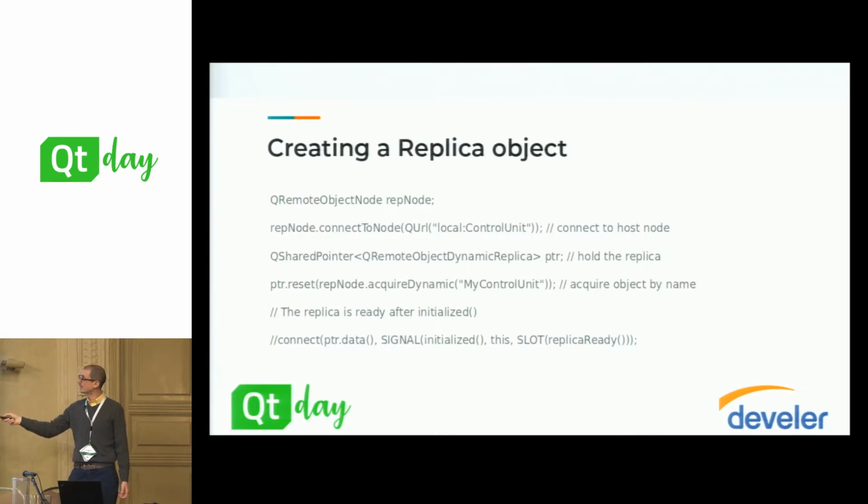When is the replica ready? The replica is ready only after the initialized signal has been emitted. Before, it's just an empty shell. As I said, a replica is just a lightweight proxy. So up until the connection has been established, the replica is empty.